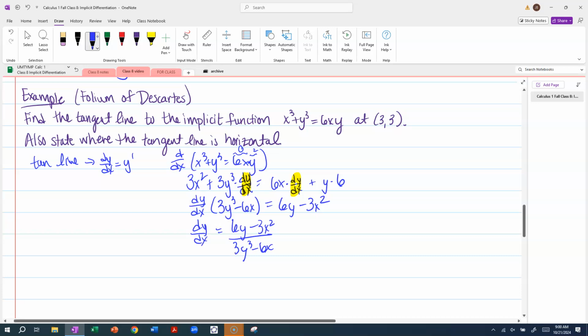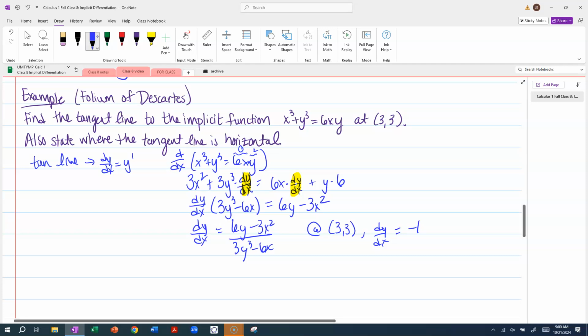Okay, and certainly if you want to, you can reduce everything by a factor of 3. That's fine. Okay, and then what we need to do here is we are looking at a specific tangent line, right? So then at 3, 3, I'm going to say dy dx. I evaluated this already. We get -1. You'd put in 3 for x and y and see what you get out.